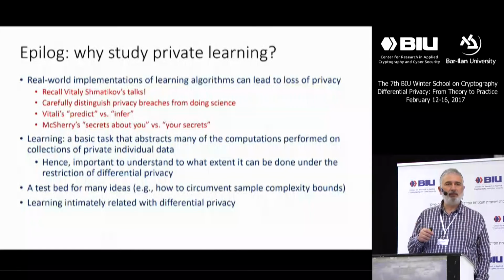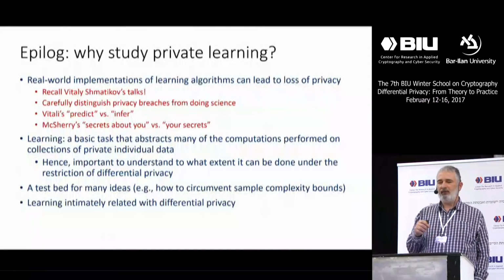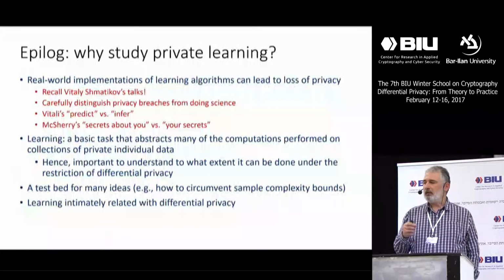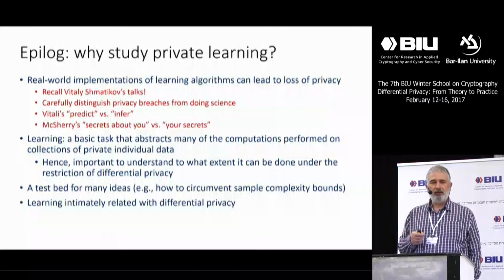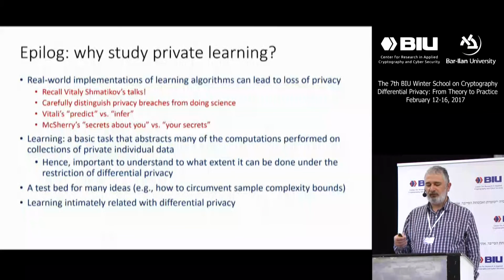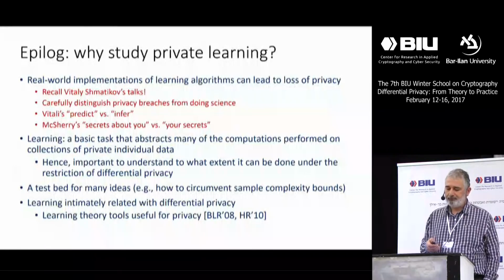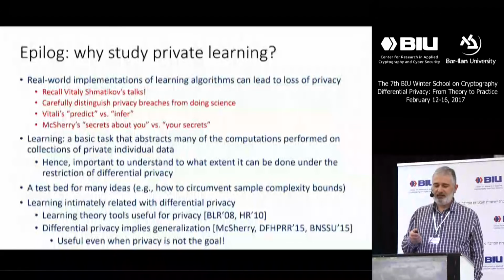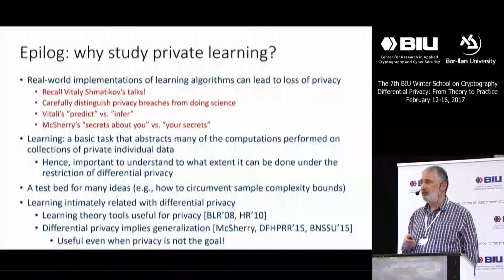Some algorithmic techniques that we use in differential privacy are borrowed from developments in learning theory. And furthermore, what I spoke about earlier today, the fact that differential privacy generalizes, also suggests this intimate relationship with learning theory. And as I said, sometimes it may be useful to use differential privacy even if privacy is not your goal.